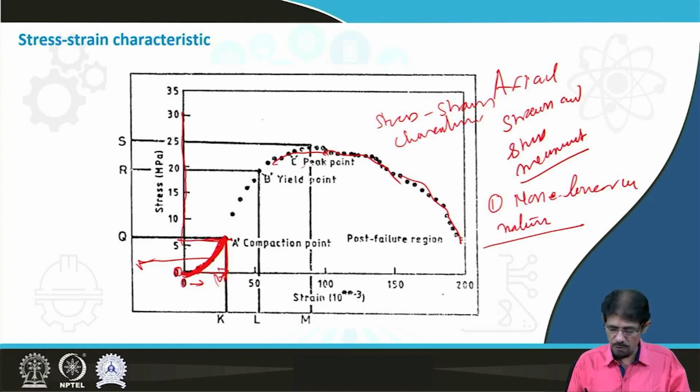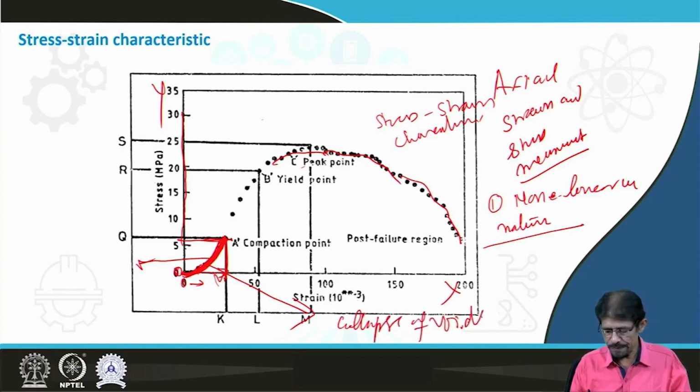With respect to this x-axis, it is concave in nature, and this concavity is due to collapse of voids, pores, cracks, and fractures present in a rock.